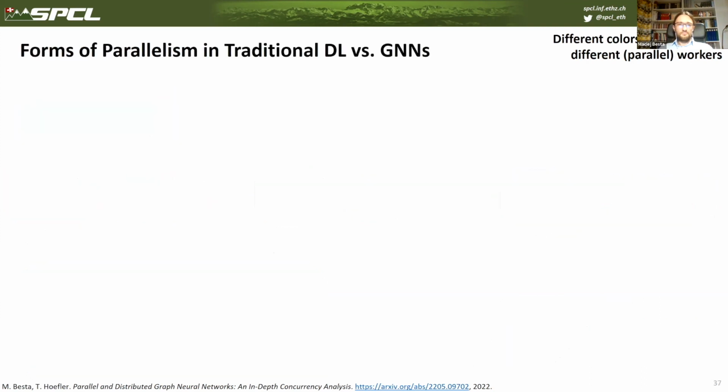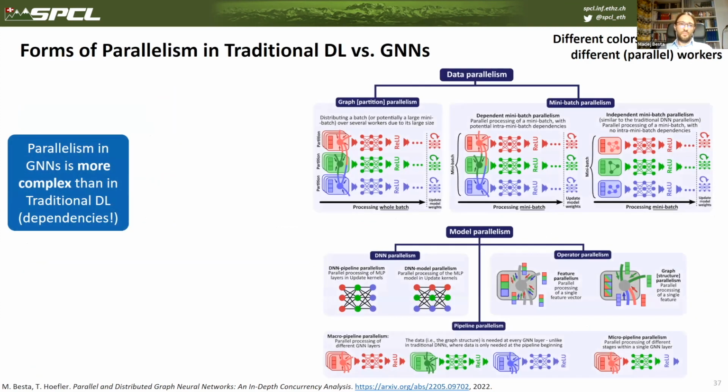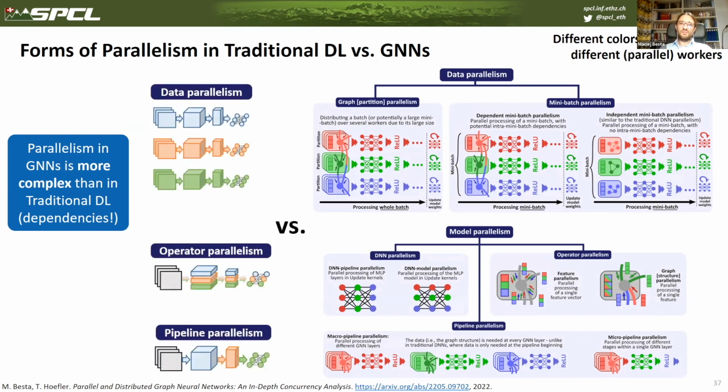Right, so now let's again take a look at the difference between traditional deep learning and GNNs in the context of parallelism. On one hand, parallelism in GNNs is clearly more complicated than in traditional deep learning, right? And it's all because we have these dependencies between the samples in GNNs.